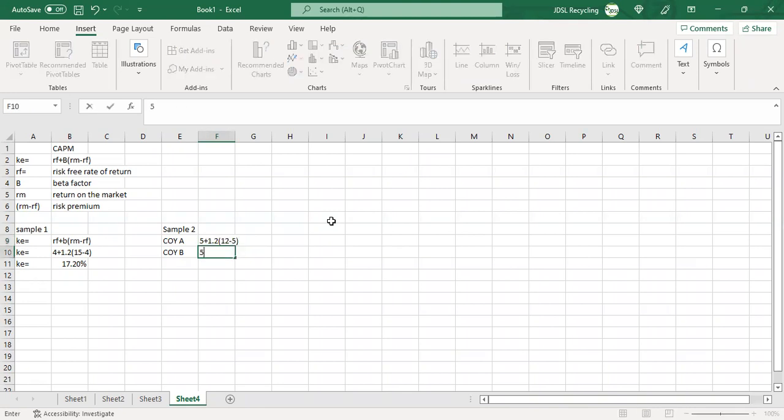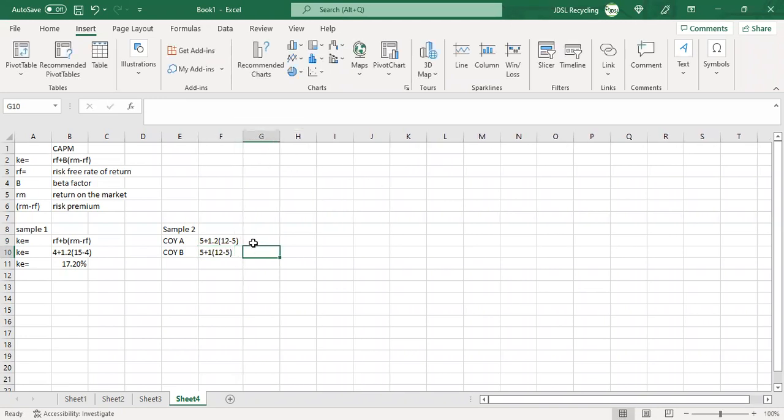And for company B, we have 5 plus 1 into bracket 12 minus 5. Figure it out. 13.4.